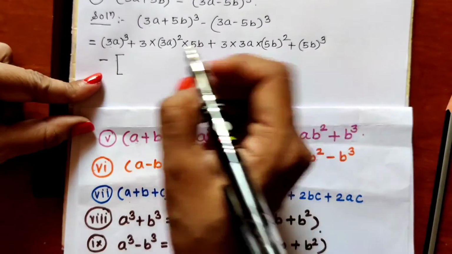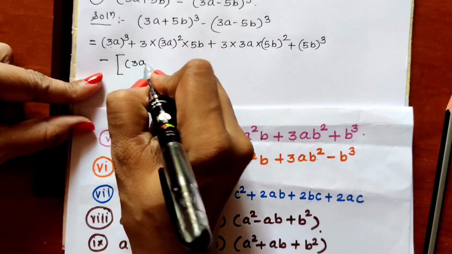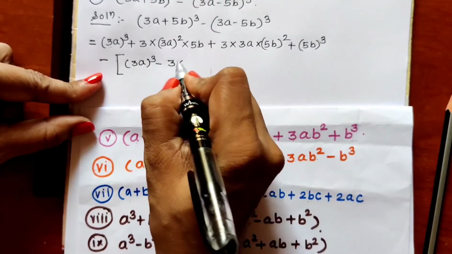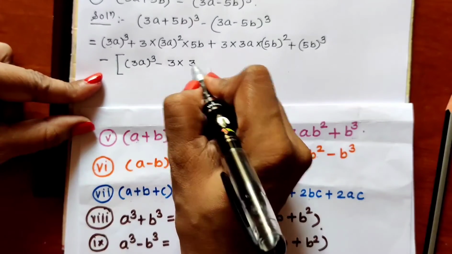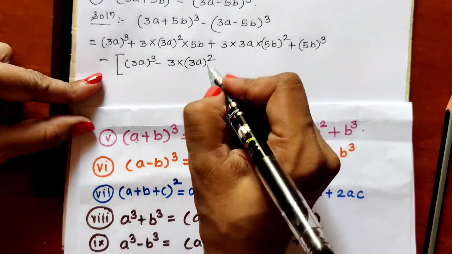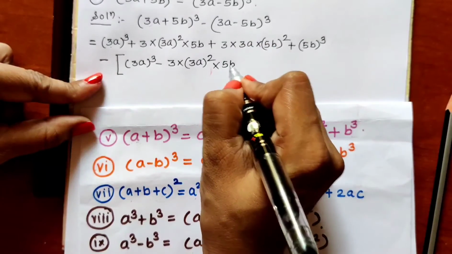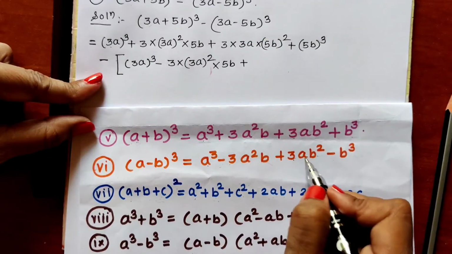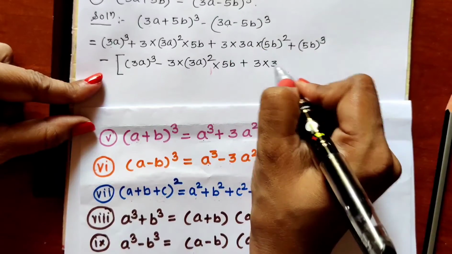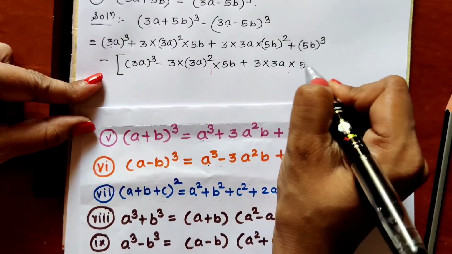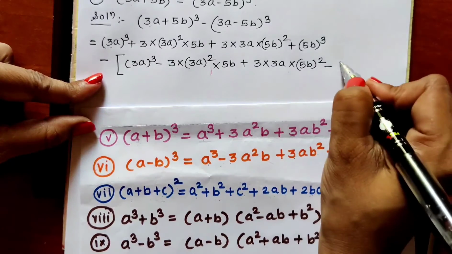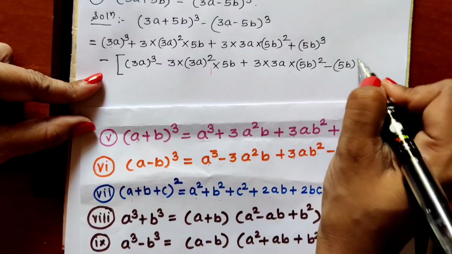So our a is 3a. (3a) cube minus 3 into (3a) square into b, b is 5b, plus 3a into b square. 3 into a is 3a into (5b) square, minus b cube means (5b) cube.